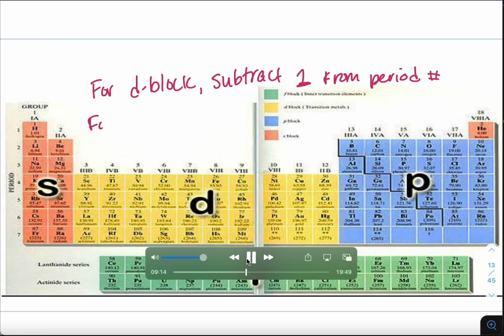And for the F block, subtract 2. So let's do germanium so I can show you what that looks like.